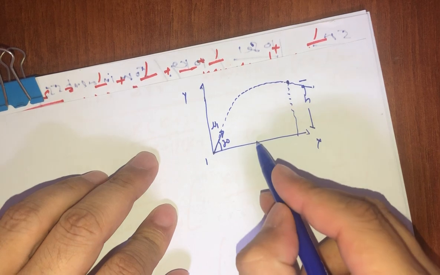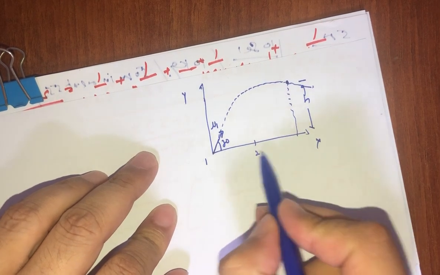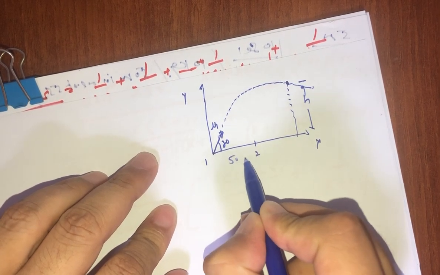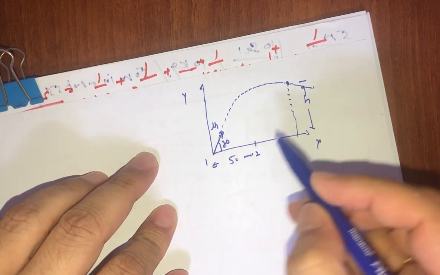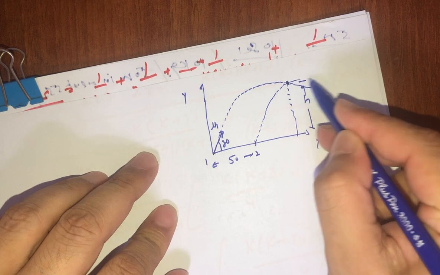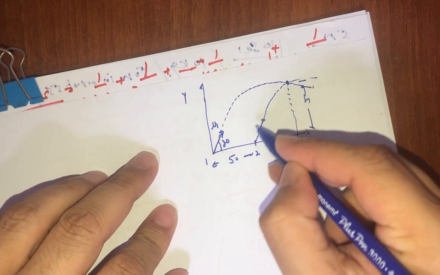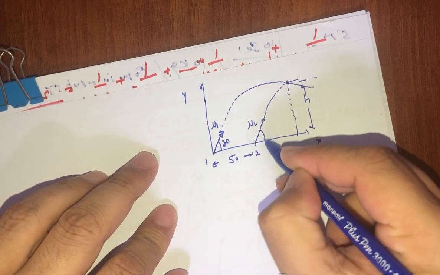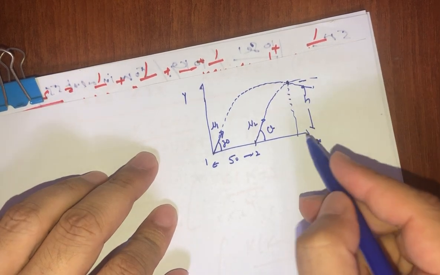There is a boy 2 which is 50 meter ahead of boy 1 and it fires a shot, let us suppose with the velocity of u2, and we have to find out this angle also, let us call it theta.